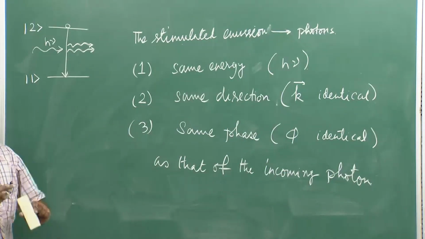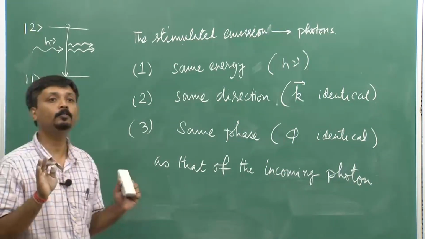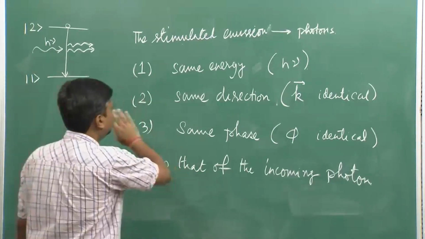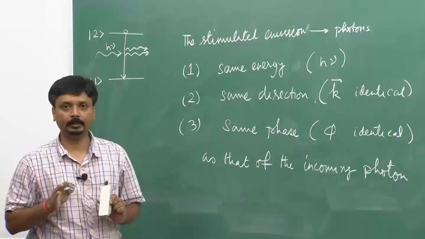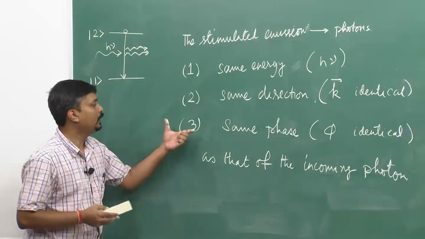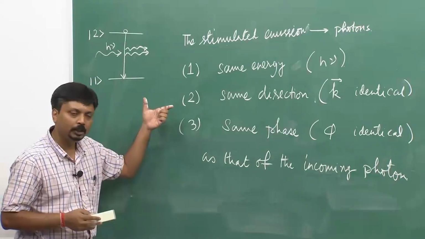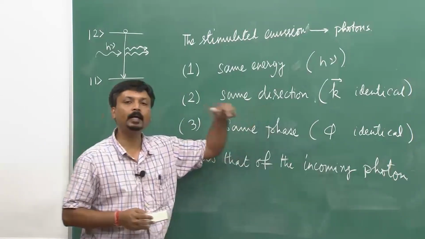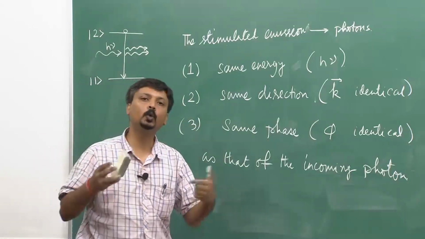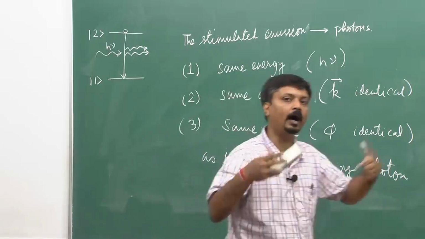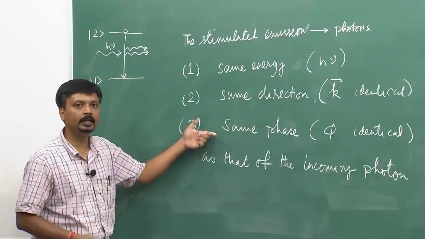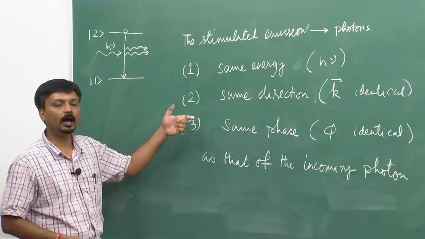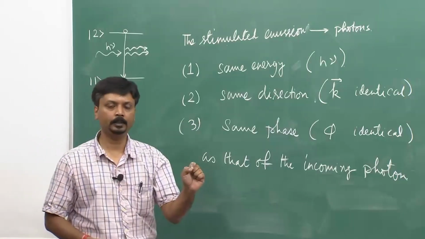Now, these are a set of very wonderful properties, right. These properties are of our interest, because if I can use the stimulated emission with these properties and amplify it, then we get a source of light which has a very high energy, and the properties as written here, that is they are of the same frequency.